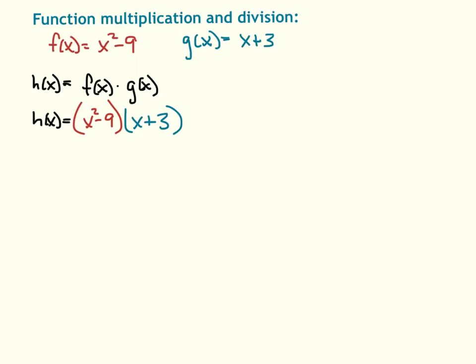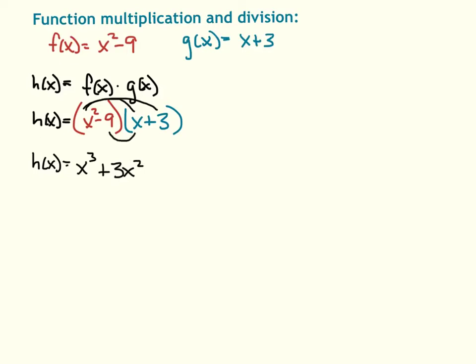All right, since both of these functions are binomials and they're being multiplied, we're going to have to FOIL these things. So h of x is equal to x squared times x is x cubed. X squared times 3 is 3x squared.